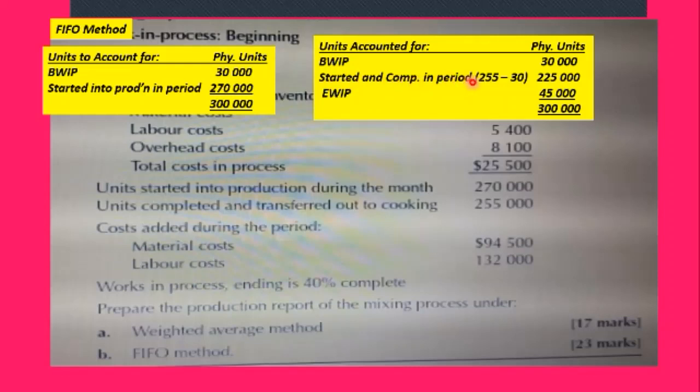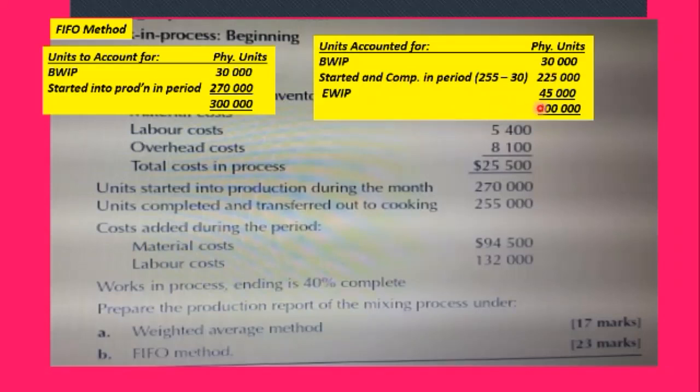I took the 255,000 here that was completed and transferred out, but included in the 255,000 would have been the 30,000 from the beginning work in process. So I minus them out to avoid double counting, and you'll get 225,000 units started in this period and completed also in this period.